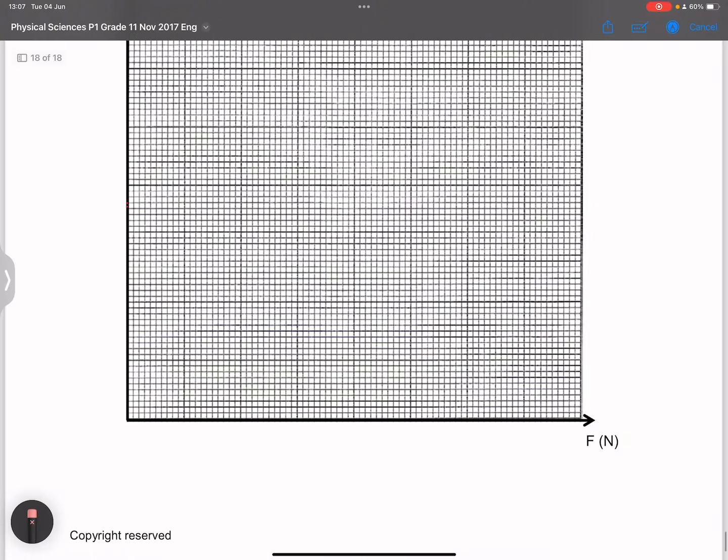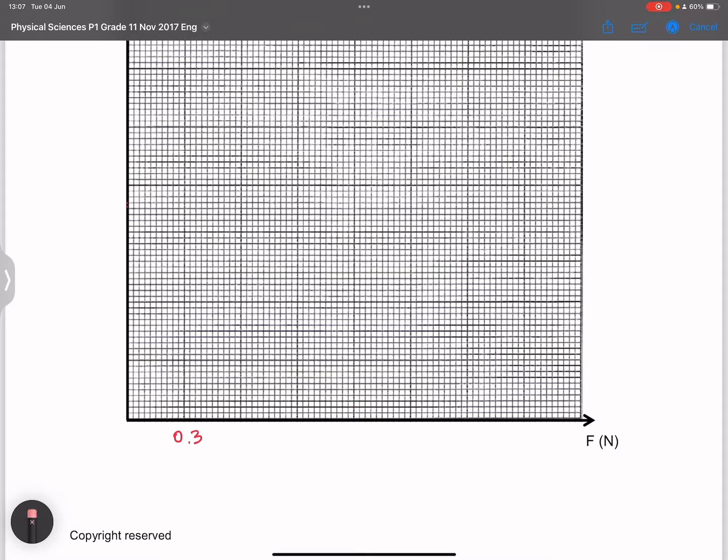So what I'm going to do is we need to choose a scale. But when you choose a scale, for instance, if I were to say 0, 0.3, 0.6, 0.9, and 1.2, can you see that my graph will only fill half the entire graph, or half the space that I'm given.